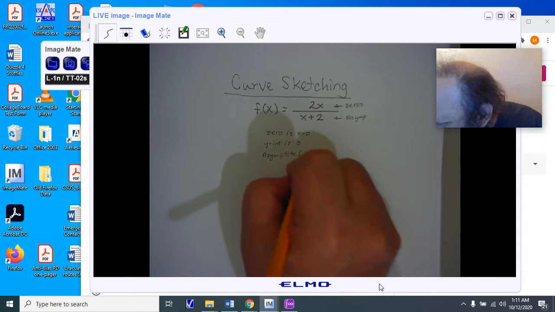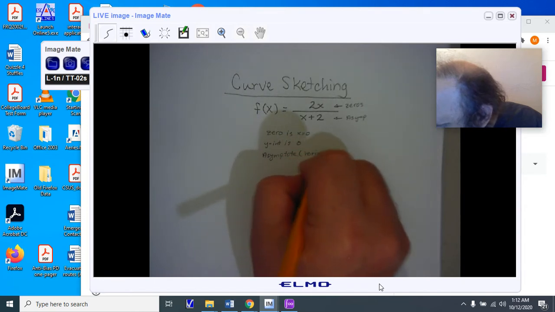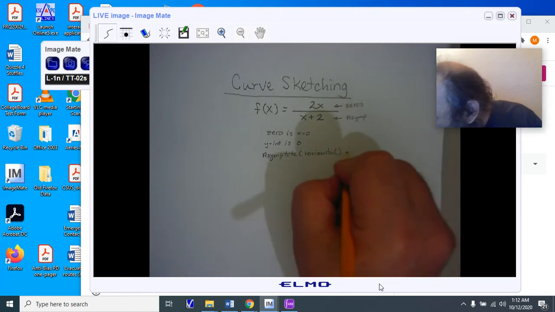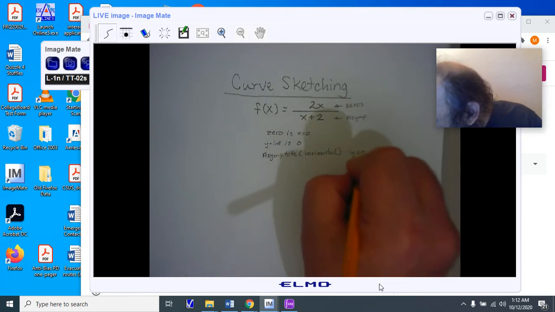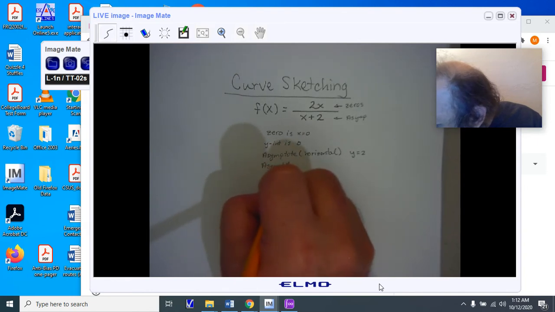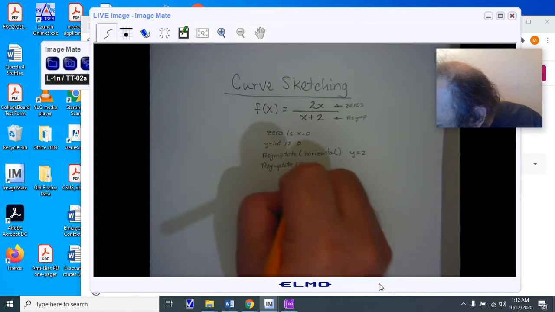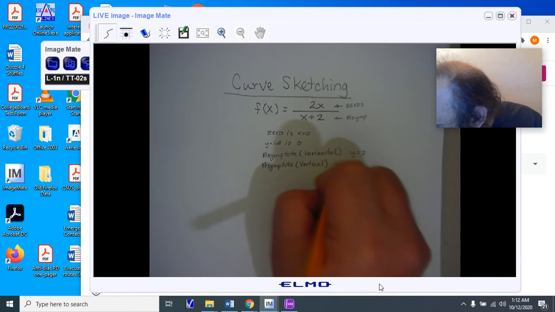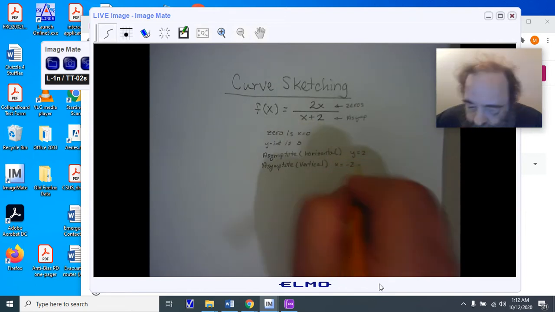Let's label it as the horizontal. And this horizontal is going to be at y equals 2. And asymptote vertical is going to be x equals negative 2.